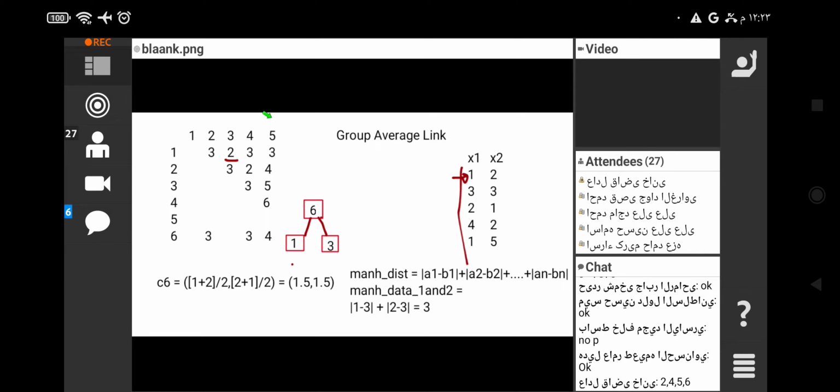Which two of these clusters are the nearest? 2 and 4, 2 and 5, 2 and 6, 4 and 5, 4 and 6, 5 and 6. Which is the nearest?